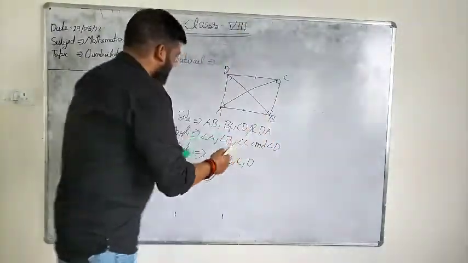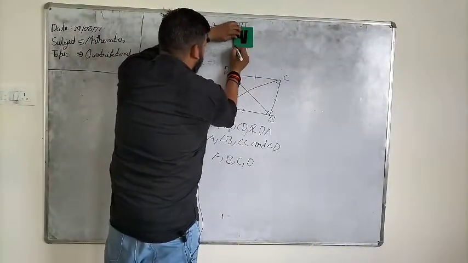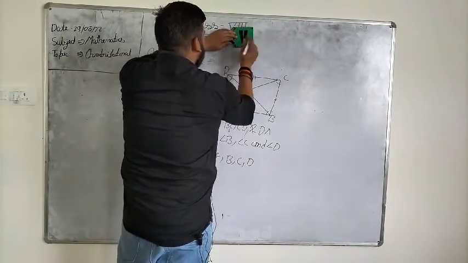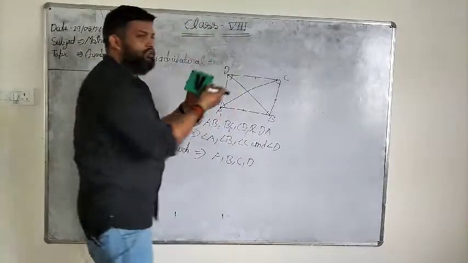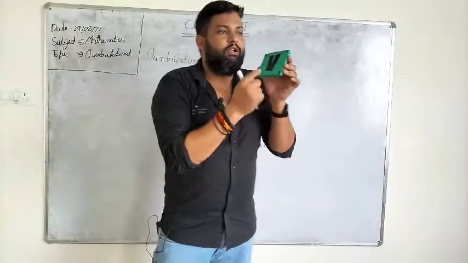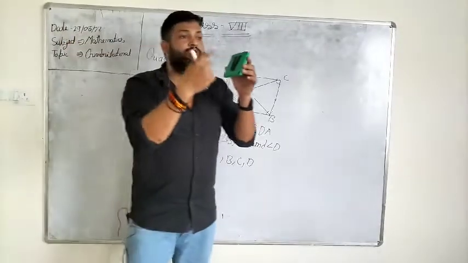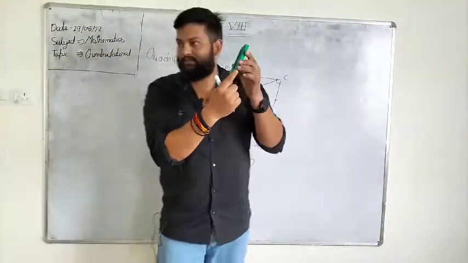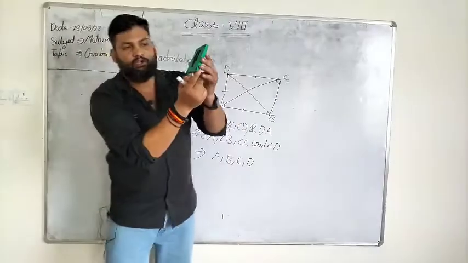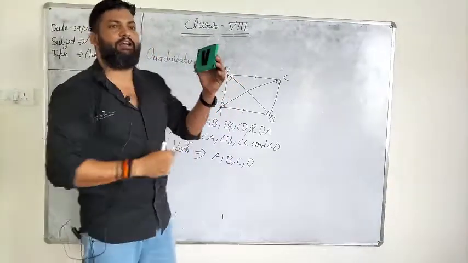So in this figure A, B, C, D, what is the definition of adjacent side? Two sides that have a common vertex. So AB and BC have a common vertex.